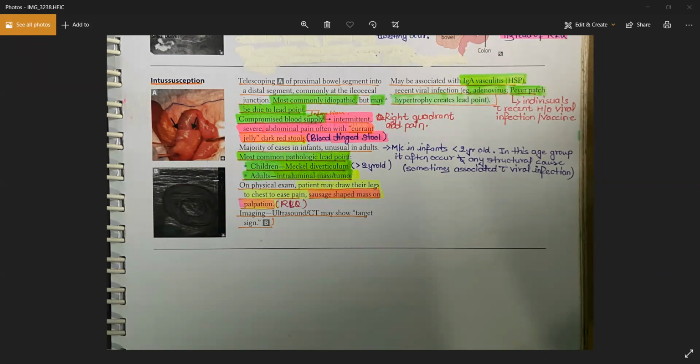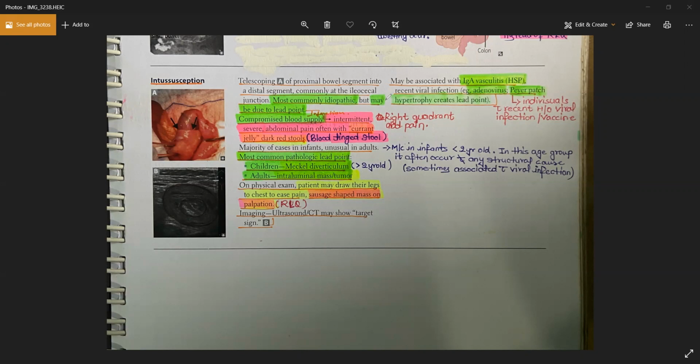Ileum. Okay. And what do the Peyer's patches do in the ileum? Immunity. So whenever you have an adenovirus infection or any other virus or parasitic infection, you will have hyperplasia or hypertrophy of the Peyer's patches. As a result, they will form some kind of a mass, right?